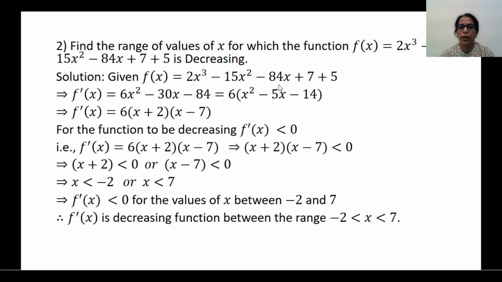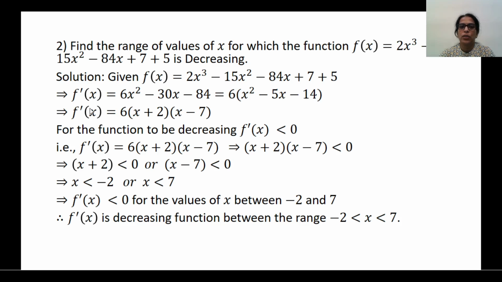So first of all, find out f dash of x. Differentiate this with respect to x. You will get 6x square minus 30x minus 84. Now take 6 common, it will be x square minus 5x minus 14. Now find out the factors for this quadratic expression. It is x plus 2 into x minus 7.